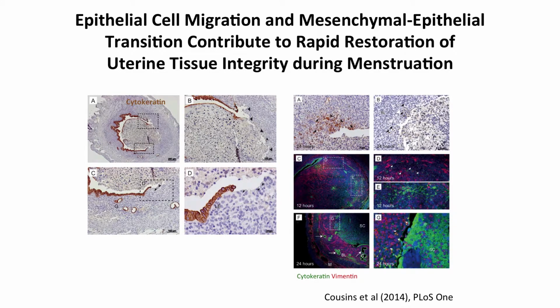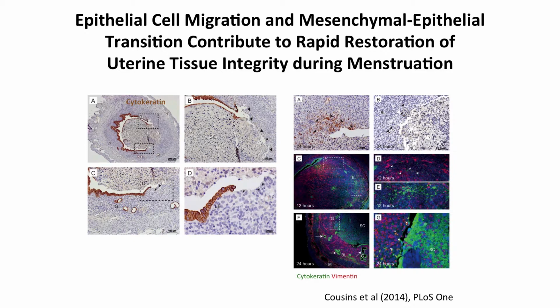So you can see here that the epithelial cells actually look like they're rolling over each other to cover the denuded endometrial surface. And using staining for cytokeratin, which I mentioned stains the epithelial cells, and vimentin, which stains stromal cells, Fiona was able to show that some of the stromal cells actually expressed cytokeratin.